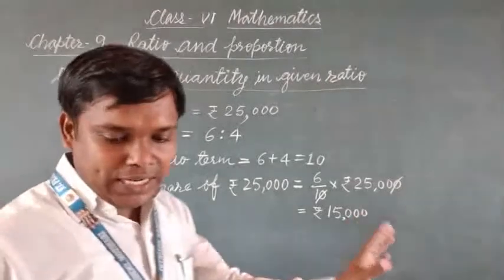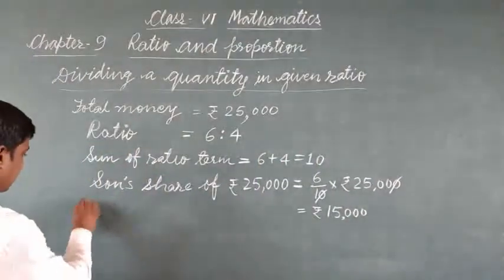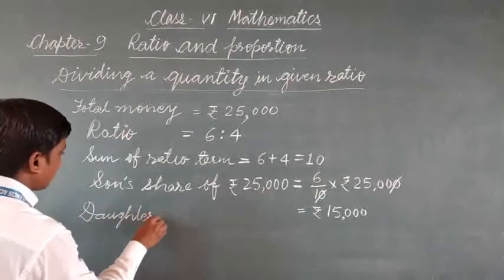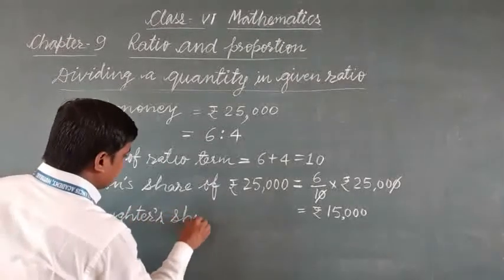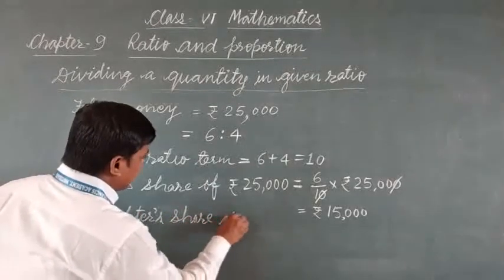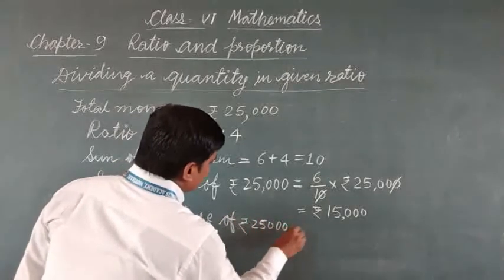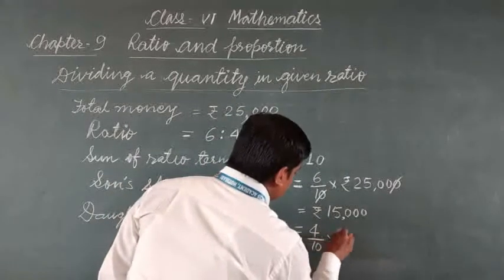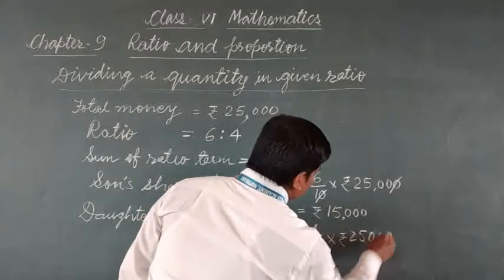In the same way, you will calculate the daughter's share. The daughter's share of rupees 25,000 is 4 by 10 multiplied by rupees 25,000.